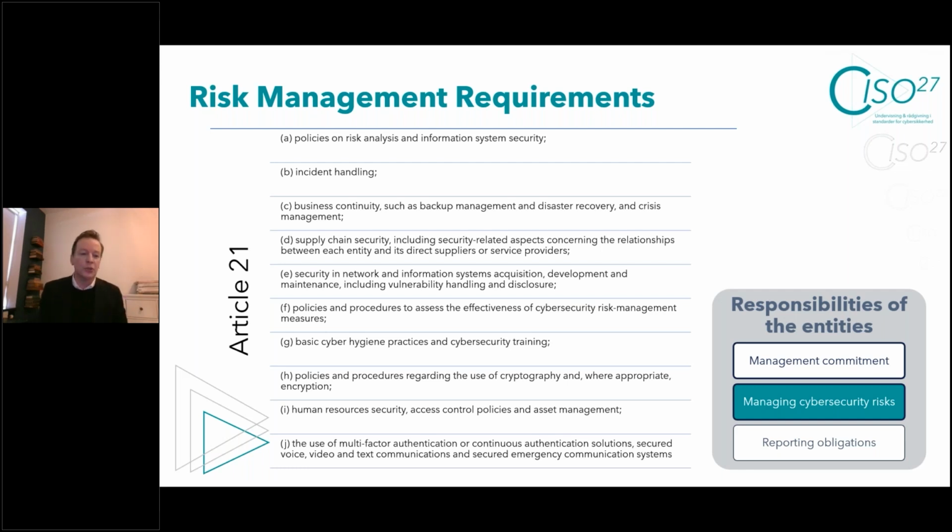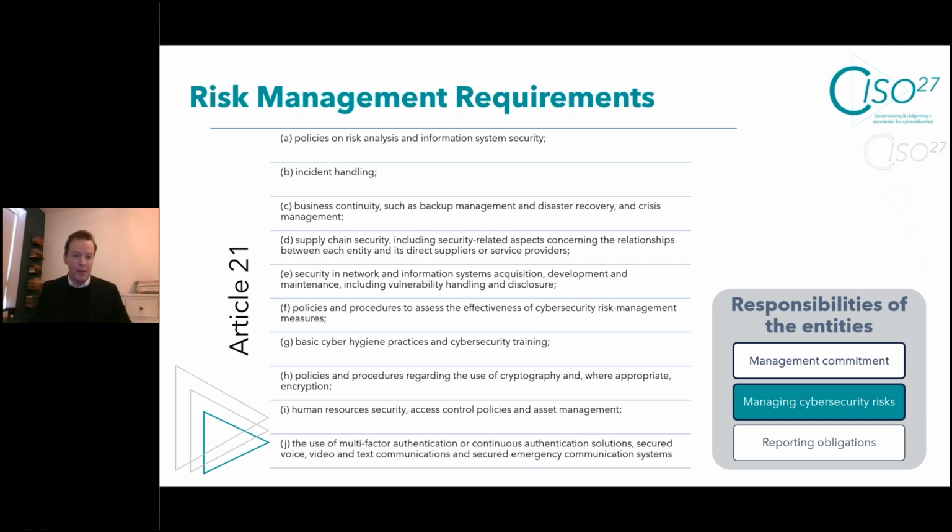We need to look into policies and procedures related to risk. We need to look into network security, business continuity is at play here, incident handling, and so forth. So if you're not already, as an organization, looking into these control areas, there is definitely a small mountain to climb.